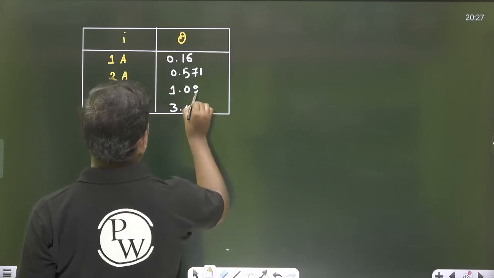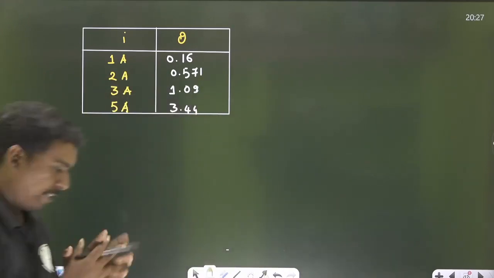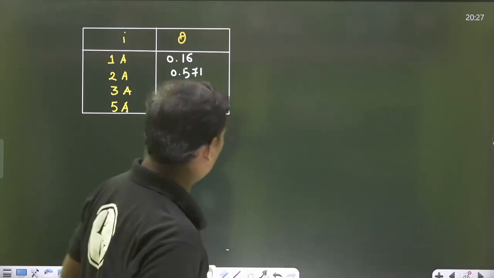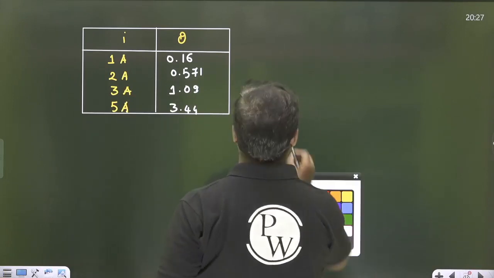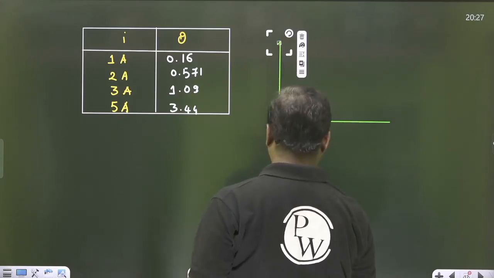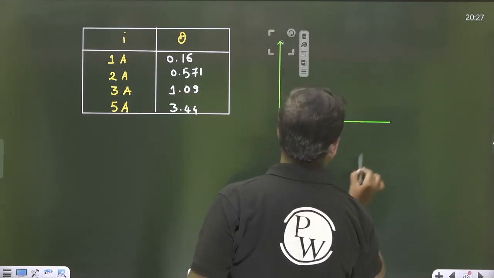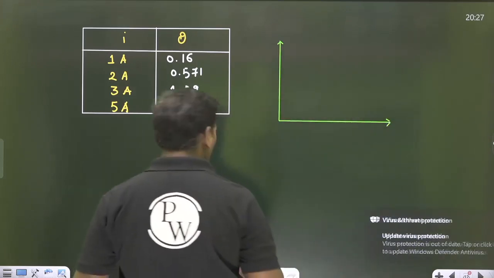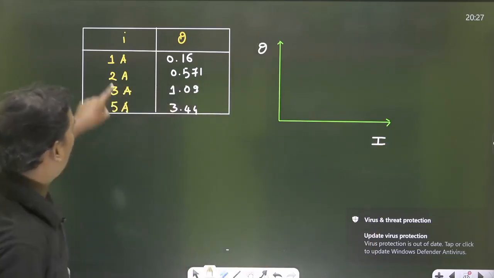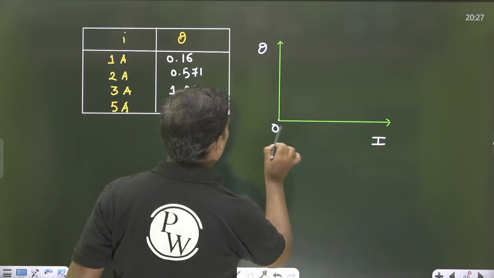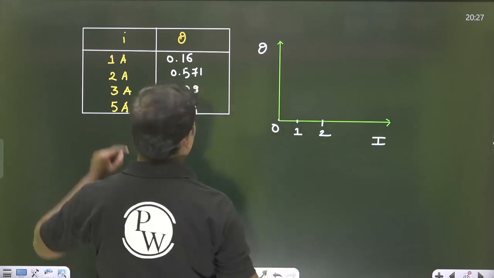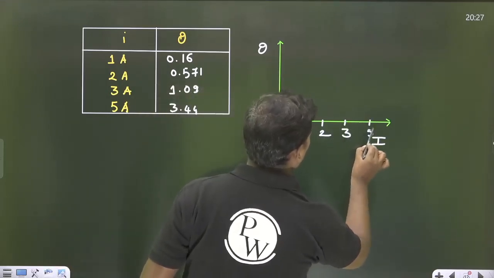Now if you check, what do you understand? My intention here is not only solving the problem, but if you see the readings, the graphical representation. On the x-axis I am taking the current, on the y-axis the deflection theta.